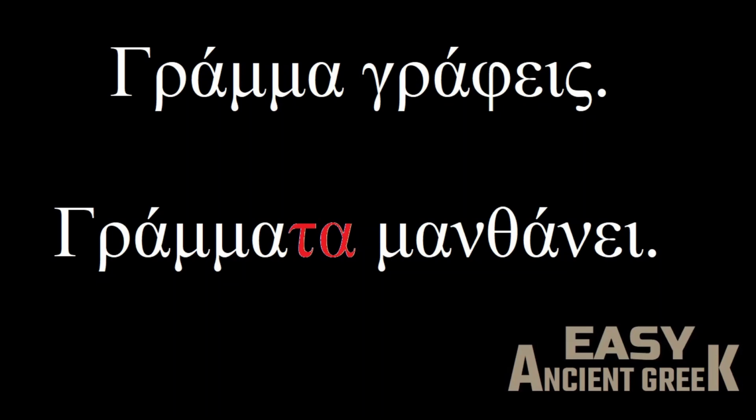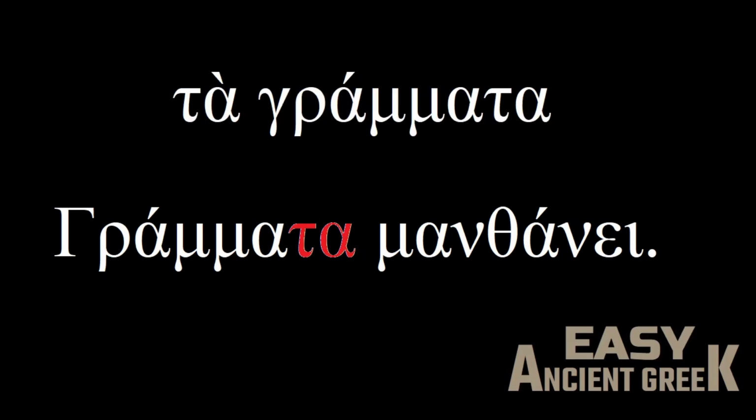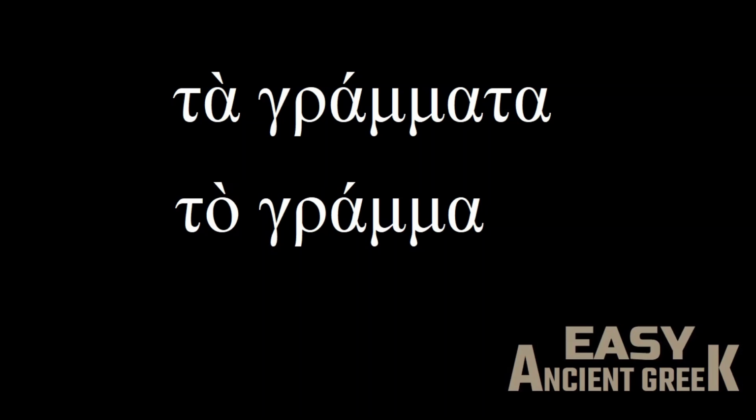So for the letters we have ta gramata. And since this is a neuter noun, how would we say the letter? To grama. The form of the only changes for gender, not declension.